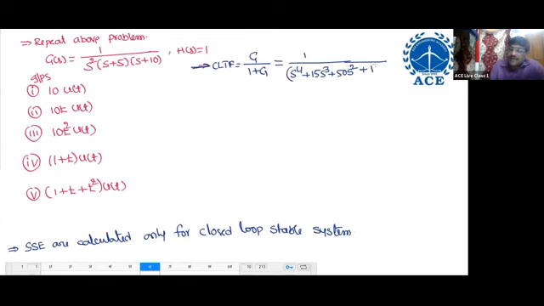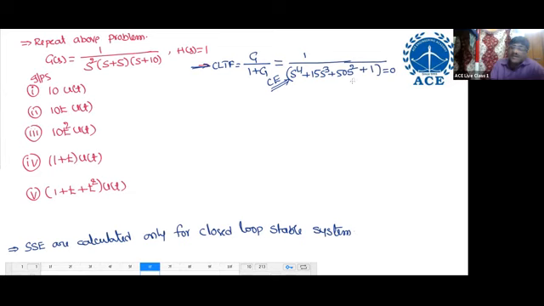This denominator is called the characteristic equation. S power 4 plus 15 S square plus 50 S plus 1, made equal to 0, is the characteristic equation, 1 plus G of S equal to 0. There is a missing term here.